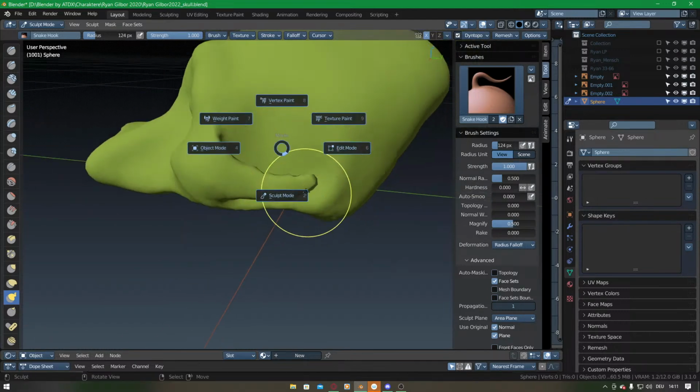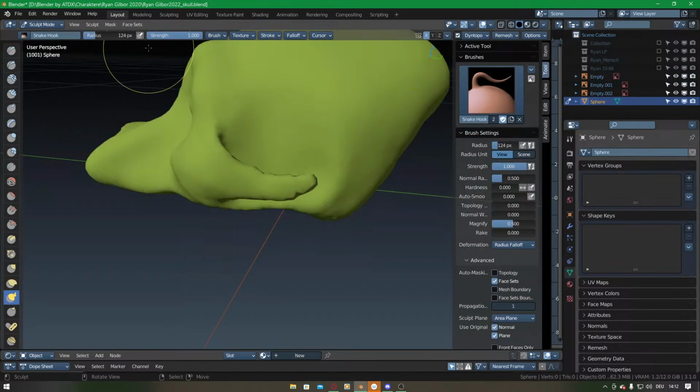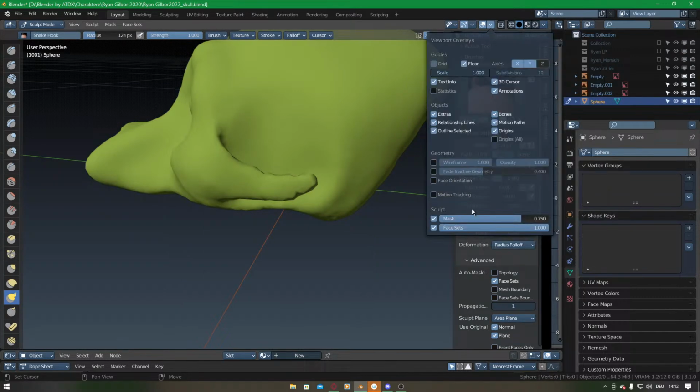It didn't work apparently. Hold on. Facets are on.